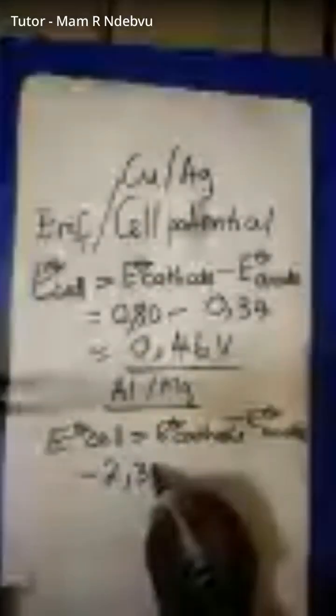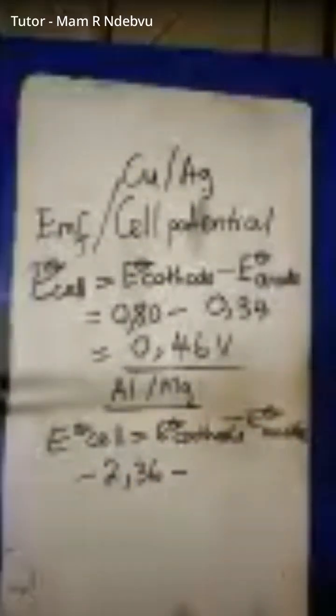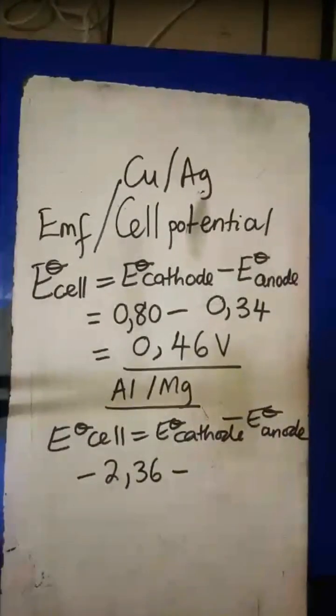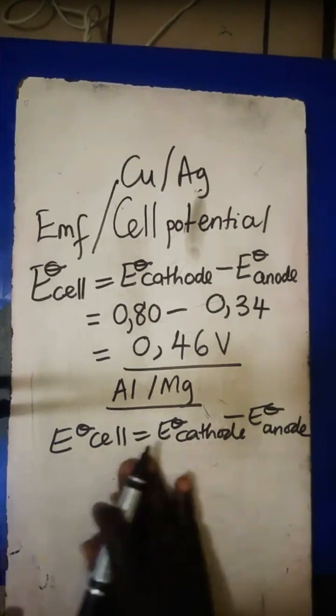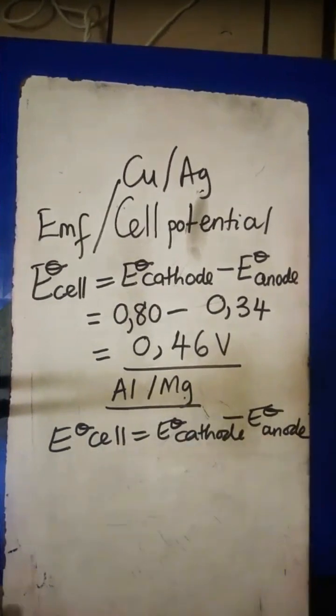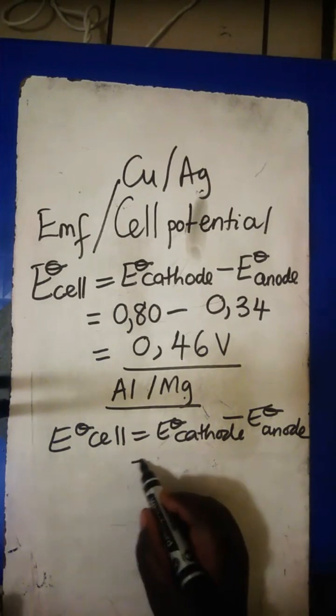Can you see minus 2.36 for magnesium? Which is the cathode, guys? Cathode is aluminium, thank you. Magnesium is the anode, right? Yes. So magnesium is the anode, thank you.